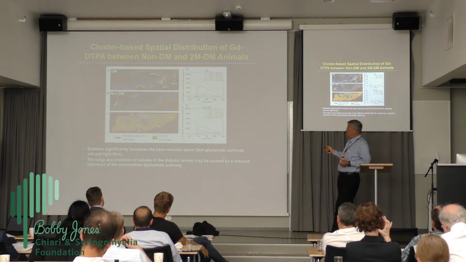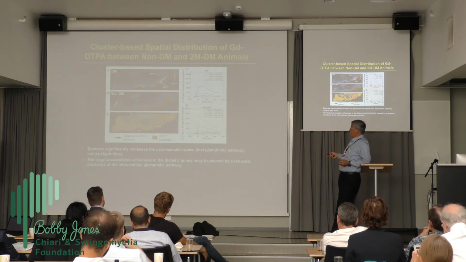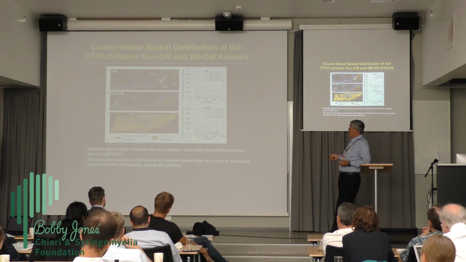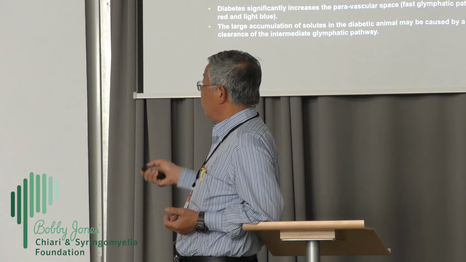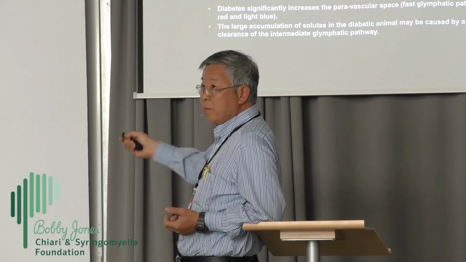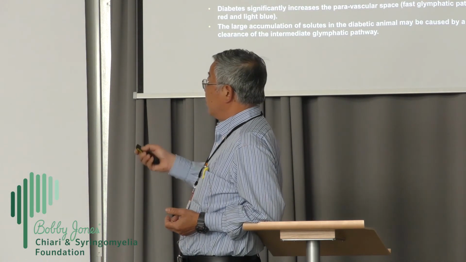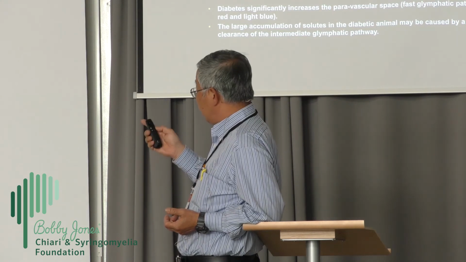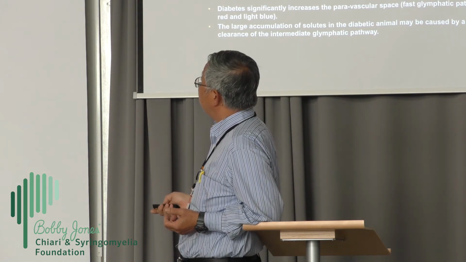This means the large accumulation of solute in the diabetes animal might be caused by a reduced intermediate glymphatic pathway in the disease model. So this gives some interesting information.